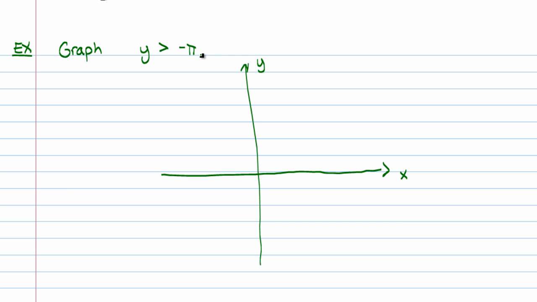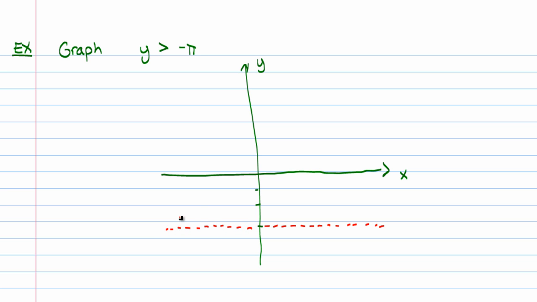It's approximately that. But this is going to be a horizontal line at a height of roughly negative 3.14. So let's just pretend that's negative 1, negative 2, negative 3. So it's somewhere around this height. And remember, it's a horizontal line, and it's going to be dashed in this case because we don't have equality, so we can't land on that horizontal line. I'll just go ahead and graph it out really quickly. Not the best graph in the world, but it'll work.